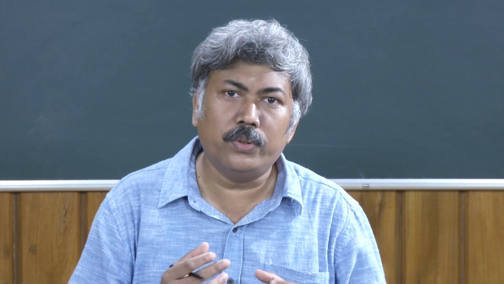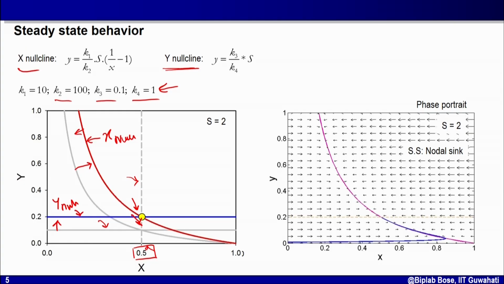Before that, let us look into the phase portrait that I have drawn. One can try to draw that manually, but it is rigorous, so I have drawn this using a MATLAB code. Just let us look into the features of it. The arrows are obviously showing the direction. Now x is in the horizontal axis, y is in the vertical axis.